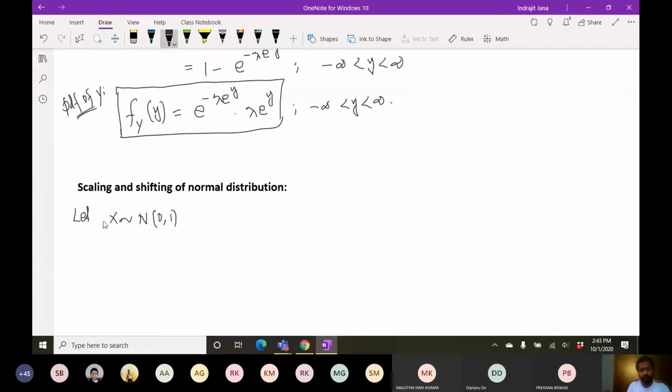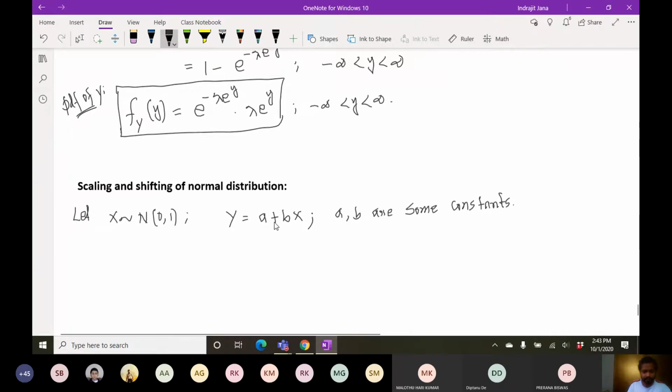I'm giving this example with normal 0, 1, but it doesn't have to be. It could be normal mu, sigma square, but I just want to give an example. And suppose y is equal to a plus bx, okay, where a and b are some constants. Say like y is equal to 2 minus 3x, something like that.